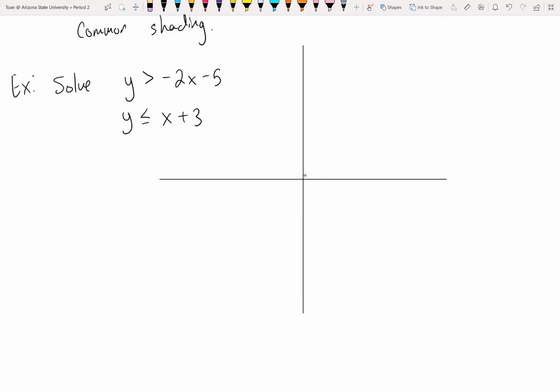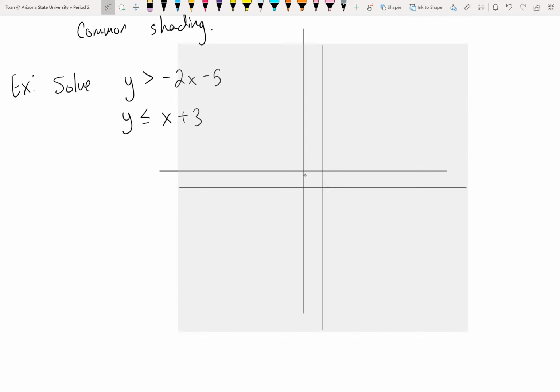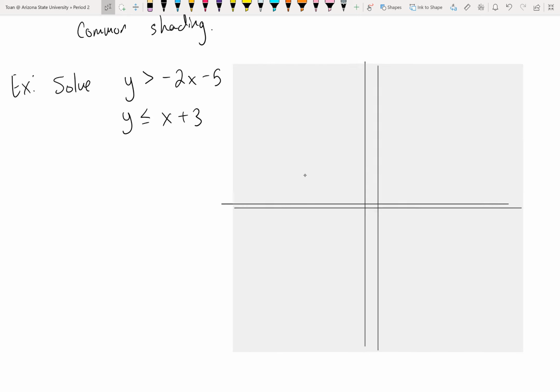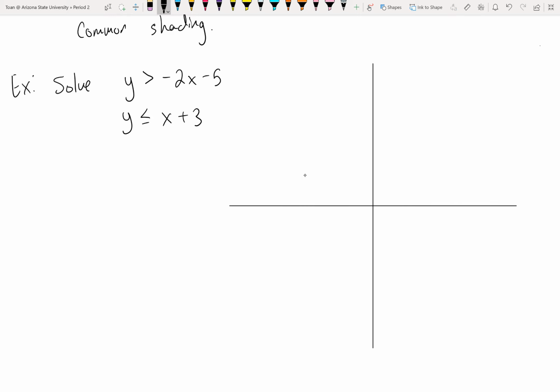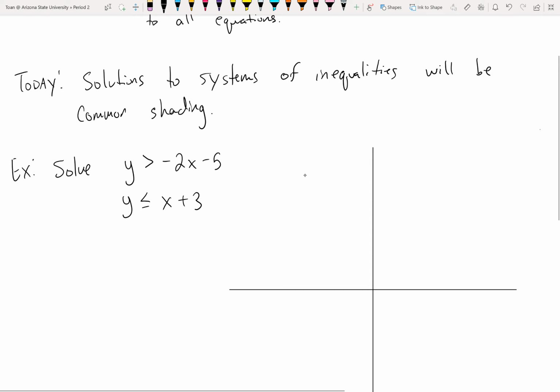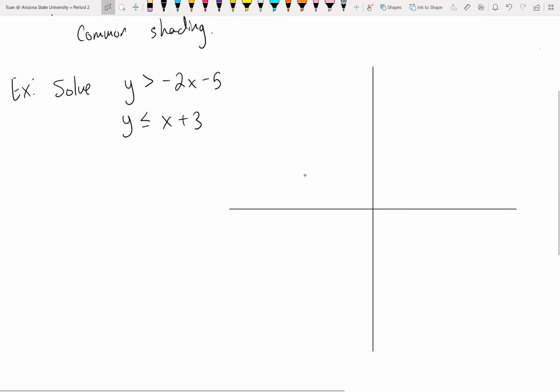There really is no elimination or substitution with these problems. Your only bet is graphing. So draw tick marks. I'm not sure how big this should be. Maybe a 10 by 10.